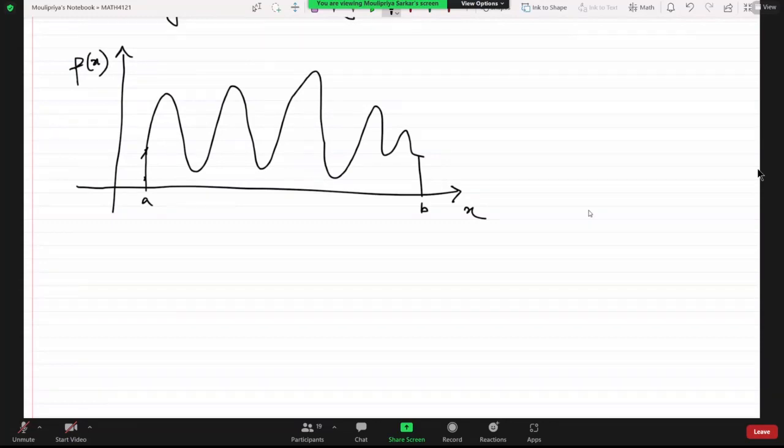It does not have a single peak or a single valley. So this kind of a function is known as a multimodal function.